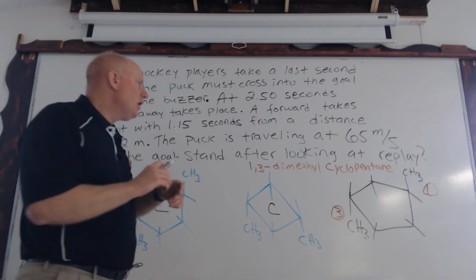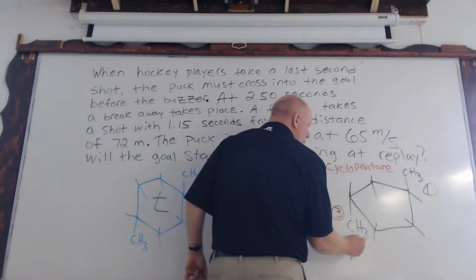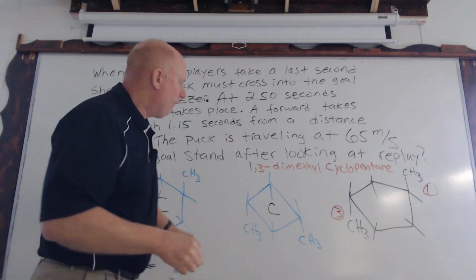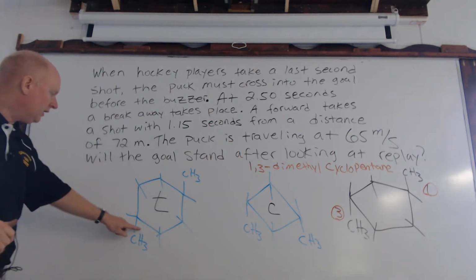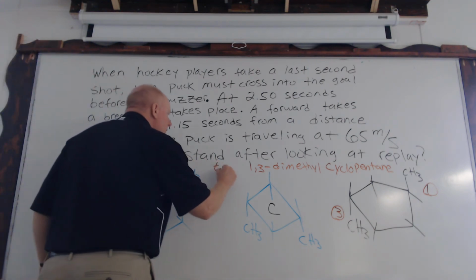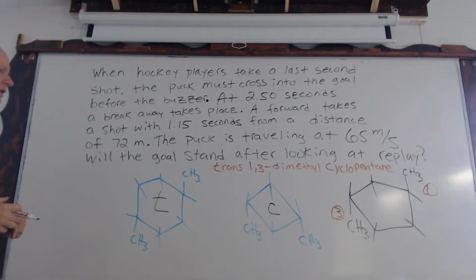So now the only thing we need to decipher, how are these methyl groups oriented? We got one pointing up and we got one pointing down. And from prior knowledge, we see something very similar here. So we would have trans-1,3-dimethyl cyclopentane.